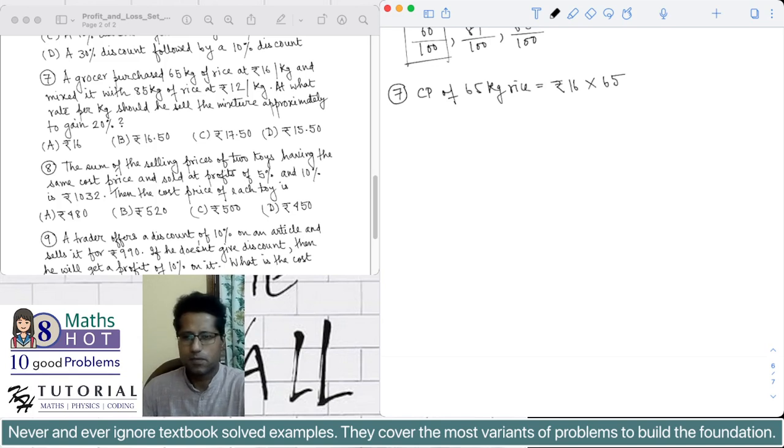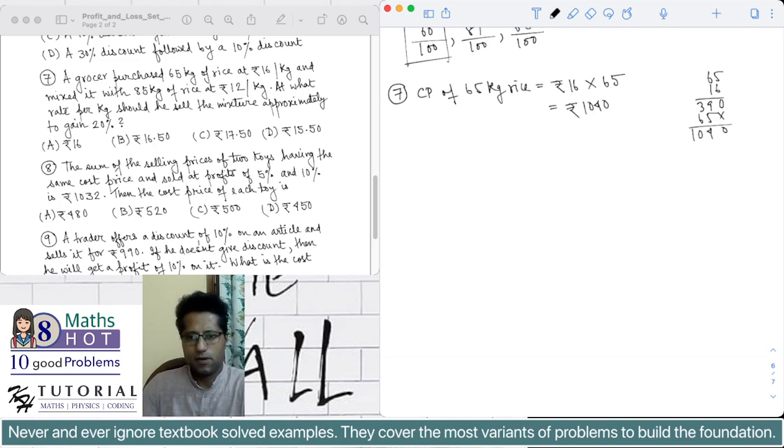And this is equal to how much is 16 into 65? 1040 is the total cost of the 65 kg of rice.